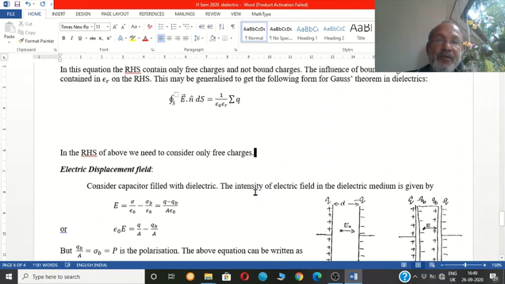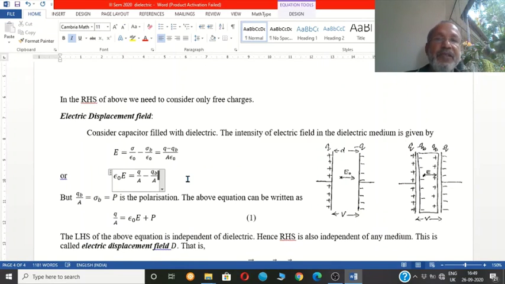Now let us pass on to the next topic, which is the electric displacement field, denoted by the symbol capital D. In the case of electric field E, the intensity depends upon the medium, and we have seen that this intensity is less than the field in vacuum because the field inside the dielectric due to these induced charges or bound charges is opposite to that of E0.